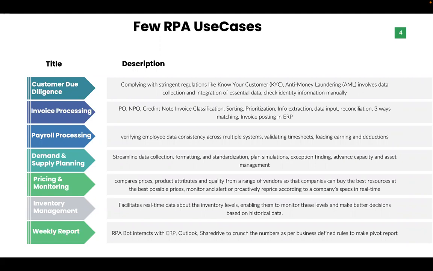Now you can think about the end users you have interacted with: what are the repetitive activities they are doing that they can automate with the help of robotic process automation? It can be one, two, or three simple activities. For example, in your work, you may be generating a weekly or monthly report.